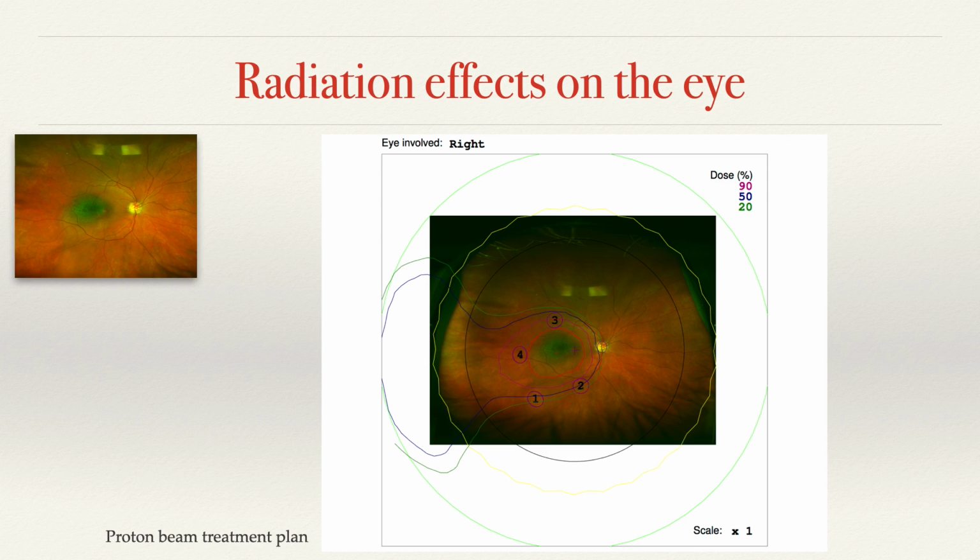This is surrounding the tumor and a millimeter or two surrounding the tumor. But you will also see the 50 and 20% rings there. The blue one is the 50% dose of radiation. And you can see that quite a large area of the retina, from the front to the back, will receive that type of radiation, and therefore, unfortunately, has a risk of being damaged by the radiotherapy as well.